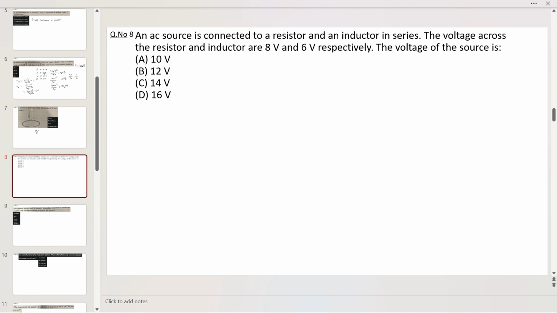Now here an AC source is connected to a resistor and an inductor in series. The voltages across the resistor and inductor are 8 volt and 6 volt respectively. We have to find the voltage of the source. Voltage of the source, V square, is equal to VR square plus (VL minus VC) the whole square.